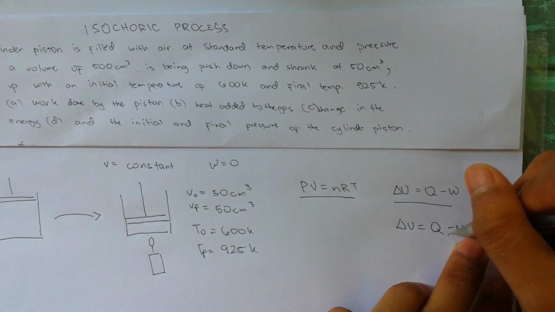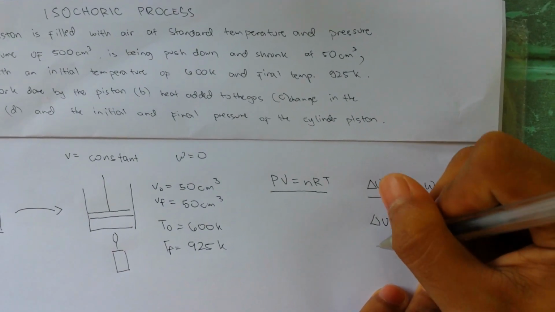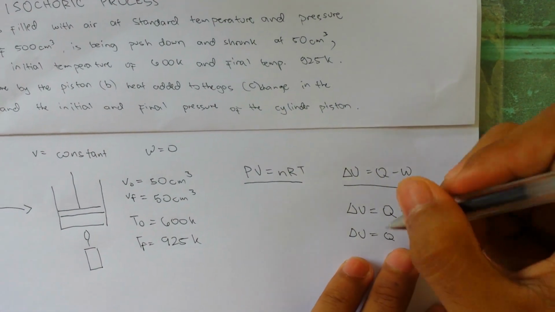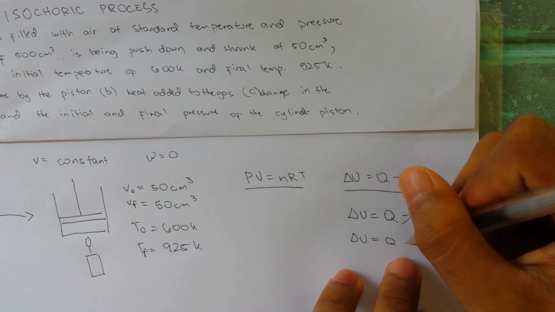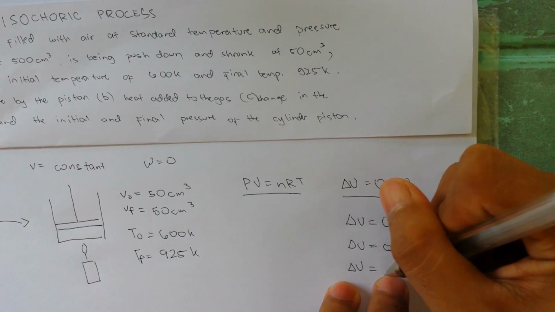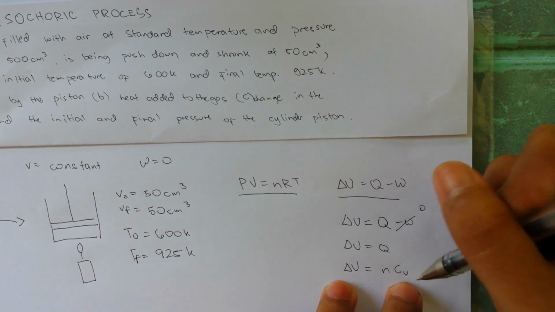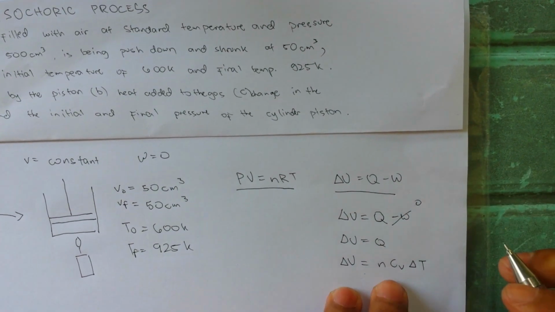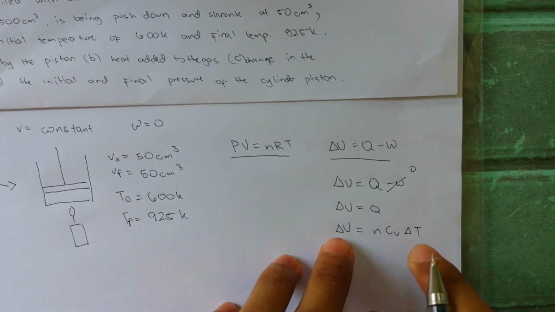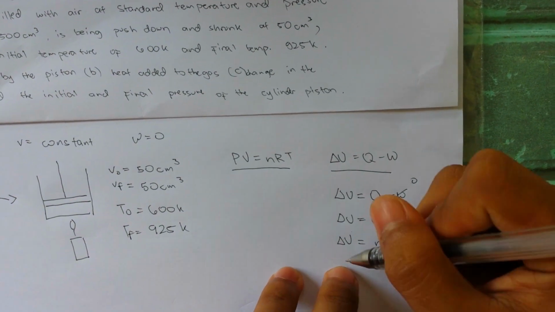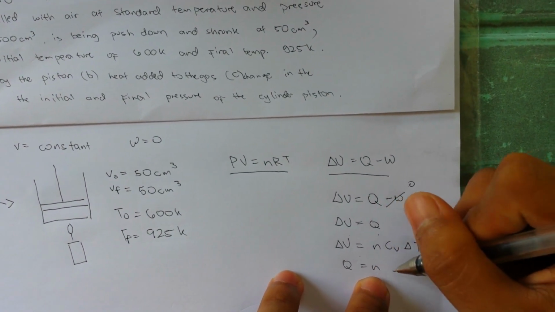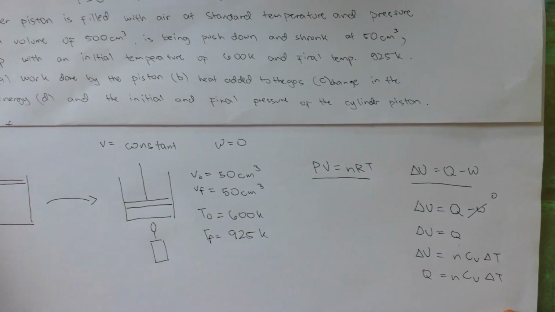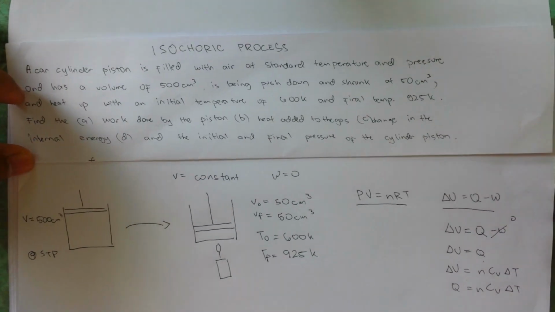The work is equal to 0, so we cancel it out, and the change in internal energy is equal to heat. Since change in internal energy is equal to nCv times change in temperature, the heat is also equal to nCv times change in temperature.